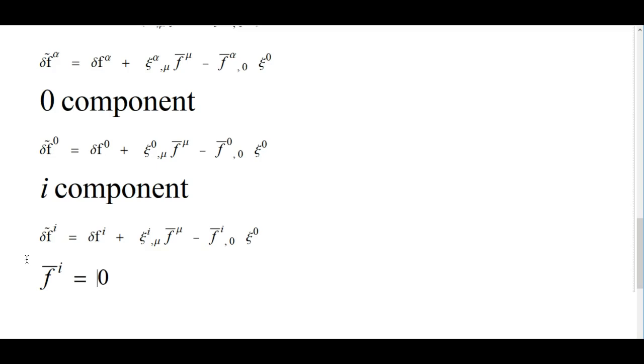Which means f bar vector is randomly distributed in the space. Somewhere it is in one direction, somewhere in another direction. So there is a random distribution of f bar such that the average of this vector, and f bar represents the average value, is 0.